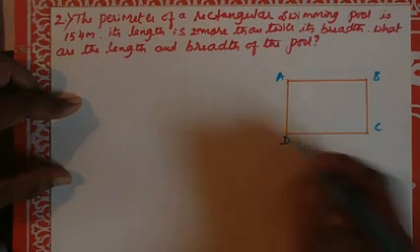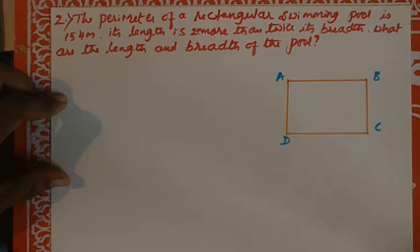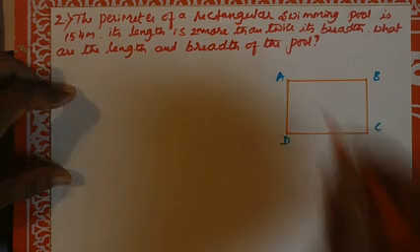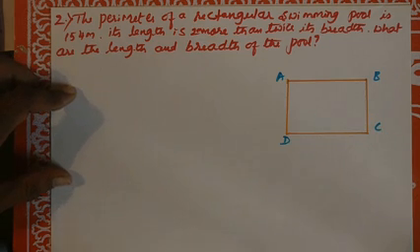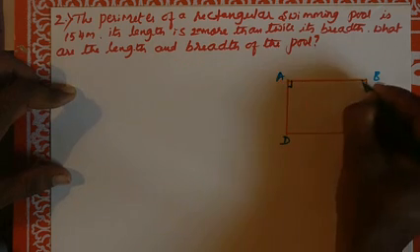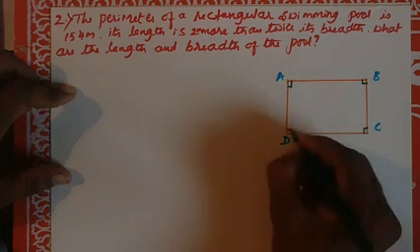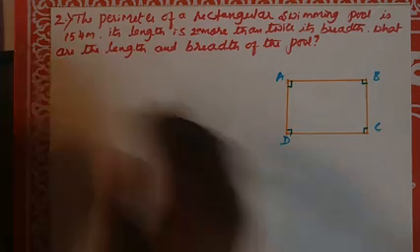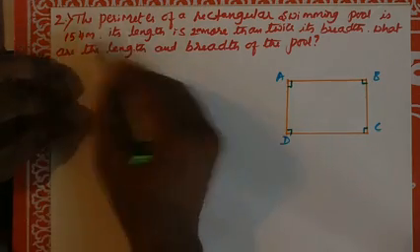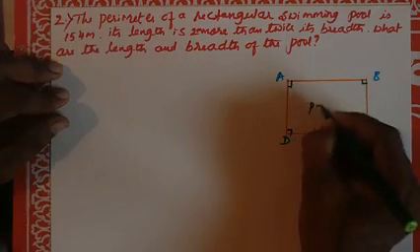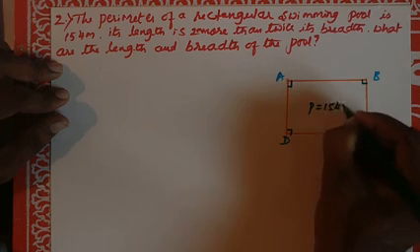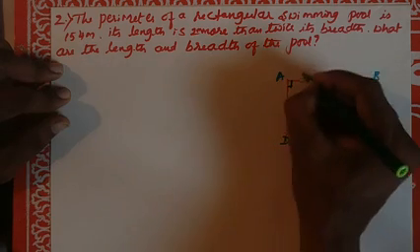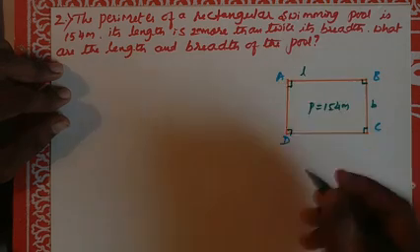ABCD is a rectangular pool. See, perimeter is equal to 154 meter. This is length and this is breadth.